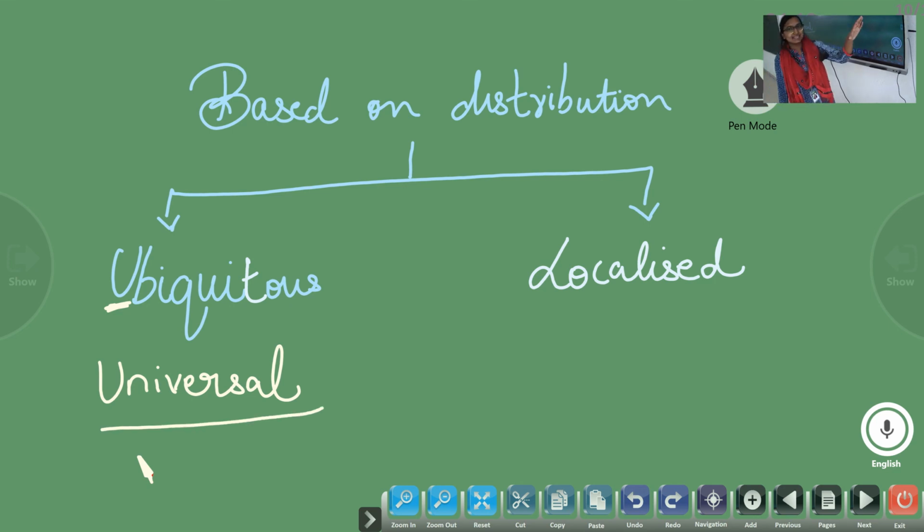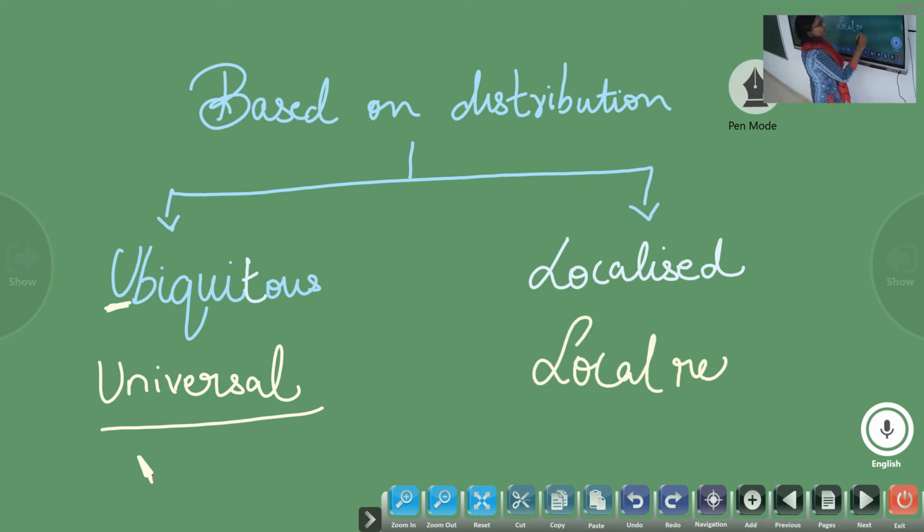Whereas localized resource is a resource which is only available in a local region. For example, river Indus. We studied that, right? In history, river Indus. Is river Indus available in America? No. Is river Indus available in Africa?